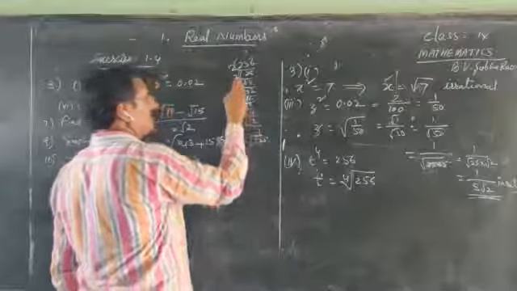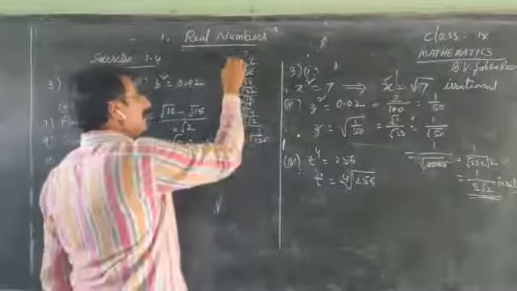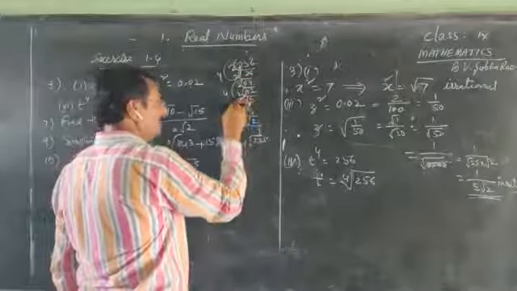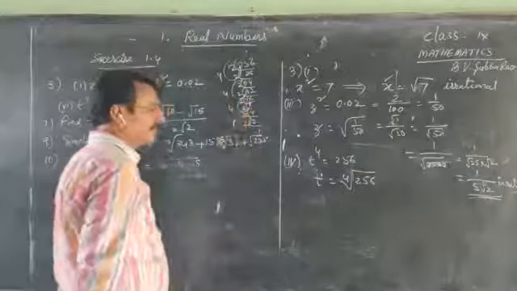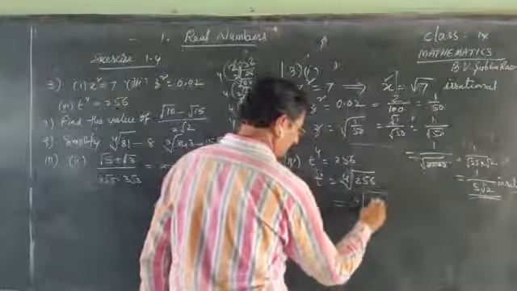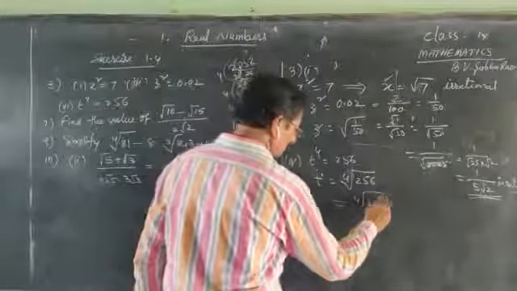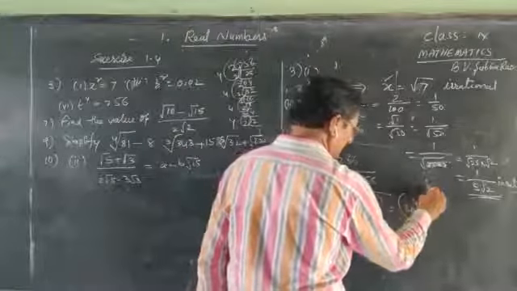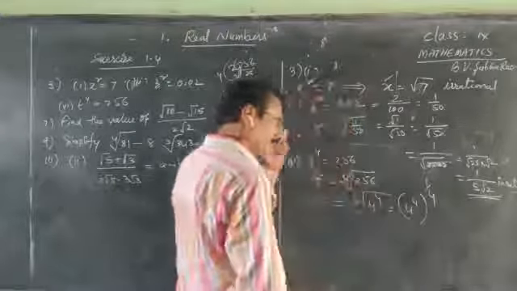1, 2, 3, 4, 5, 6, 7, 8 times we can divide by 2. Or we can write 2 to the power of 4 times... 4 times of 4, we can write like this. Equal to the fourth root of 4 to the power of 4. The fourth root we can write as 1 by 4.